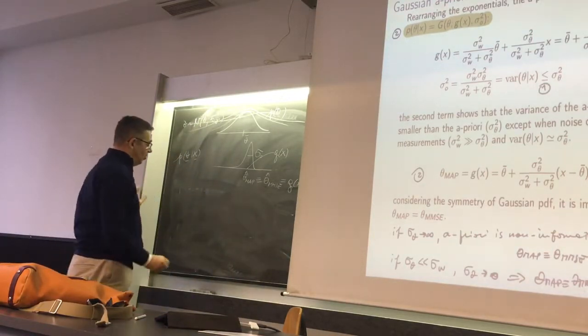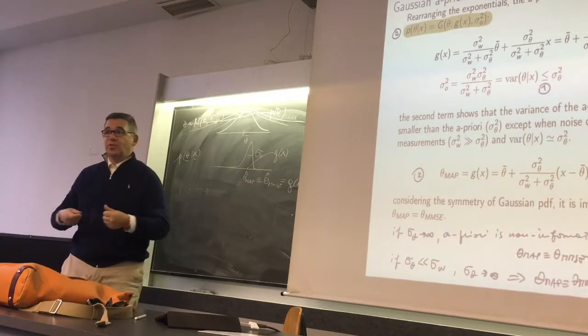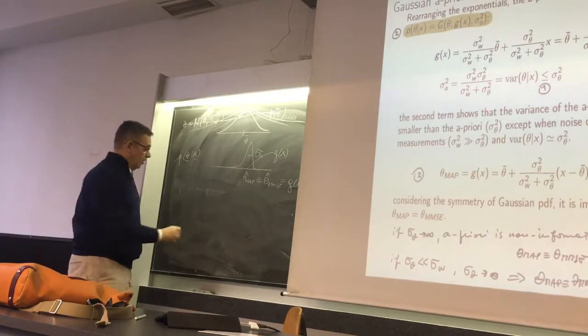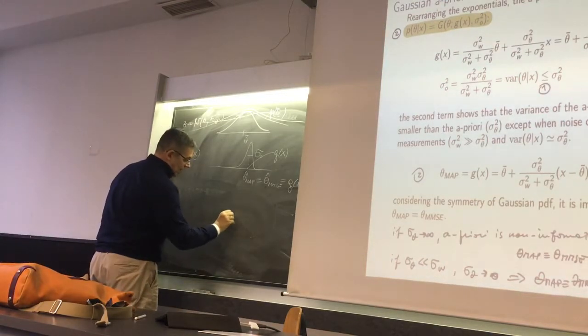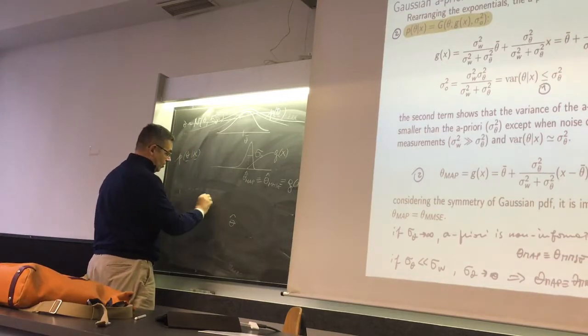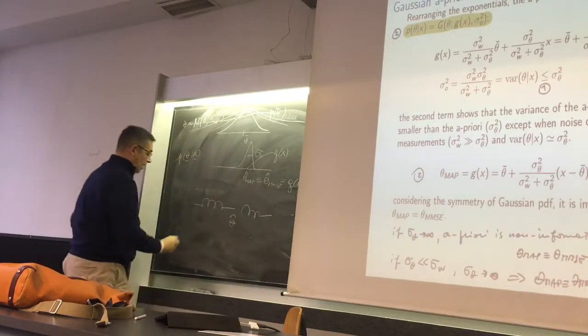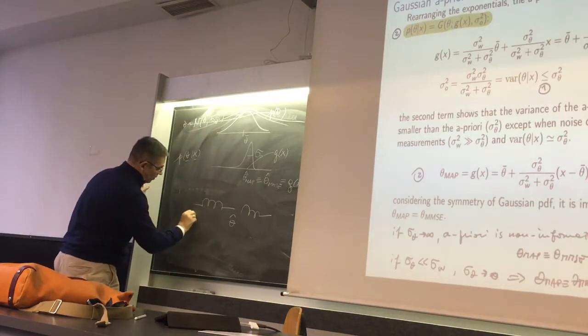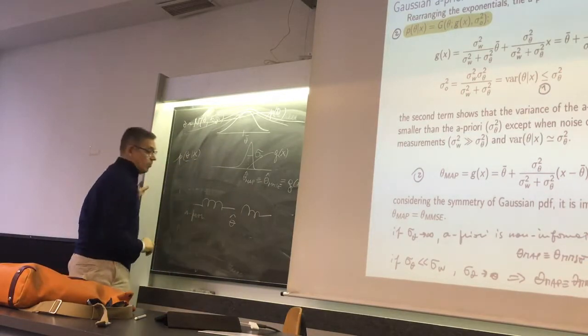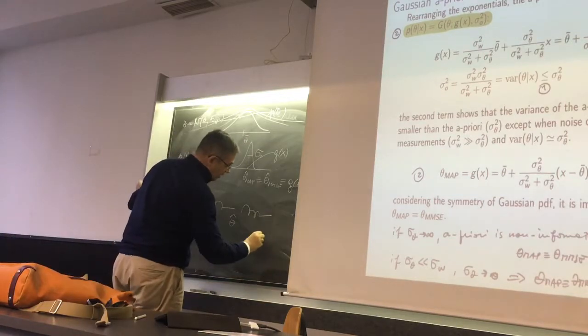You have the balance between two forces pulling. You have the estimate theta hat, and it's pulled one way by the a priori on one side, and on the other side by the data.